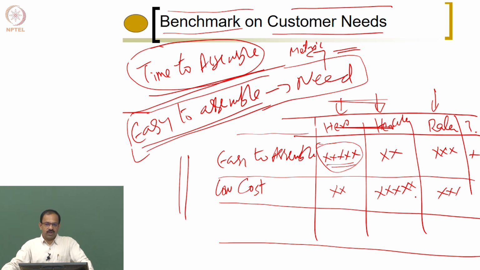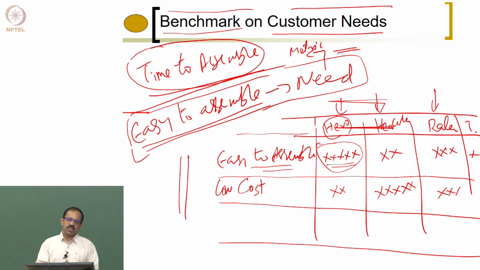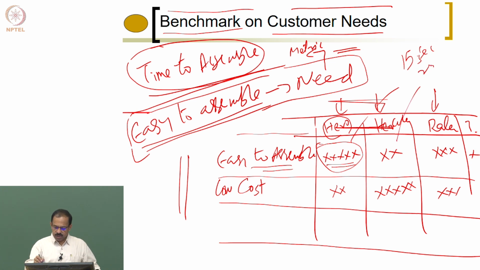So what we get from this result is that we know which product is satisfying the customer very well, and then we can look at what value the Hero cycle is using for easy to assemble. So how much time does it take to assemble the Hero cycle? We will get some value, say, okay, it is 15 seconds, just an example. So I say this is 15 seconds and this takes maybe 25 and this may be 20.